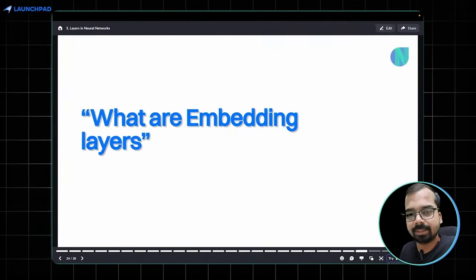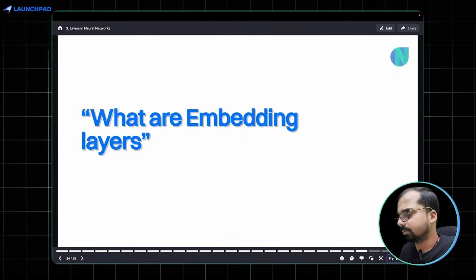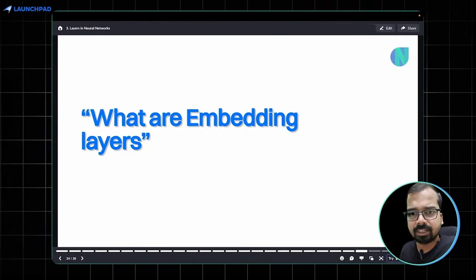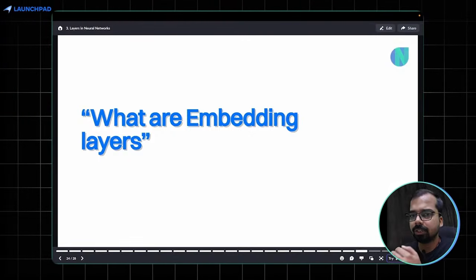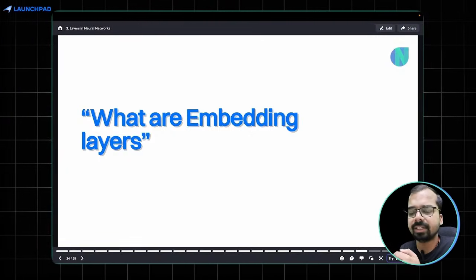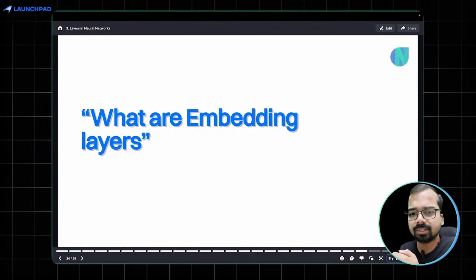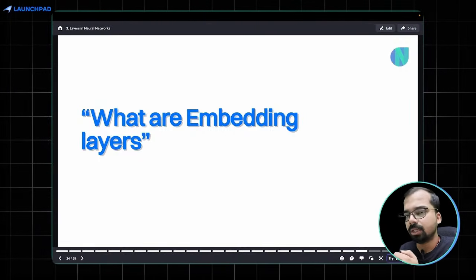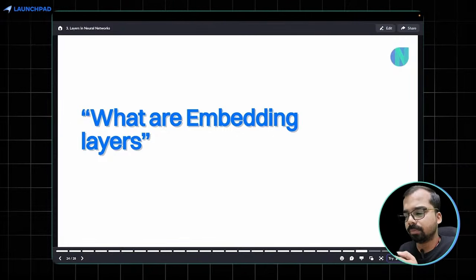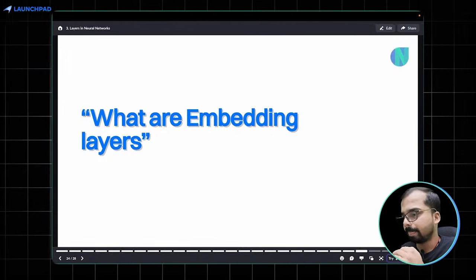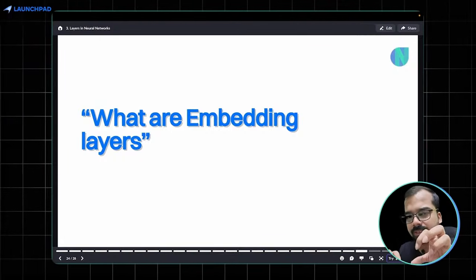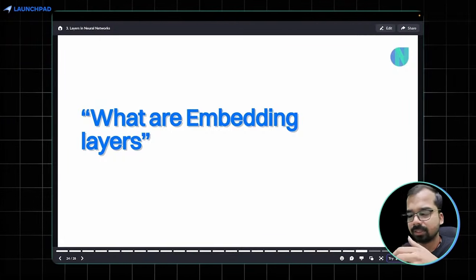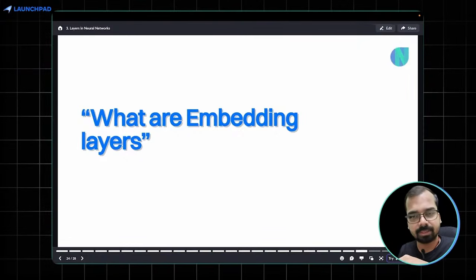Now, what are embedding layers? This will be much more intuitive when we study the NLP domain. But embedding layers are basically what? Your neural network does not understand the English language. It does not understand the Hindi language, right? It only understands numbers, okay? Now, we can represent the words in our language in the form of numbers.